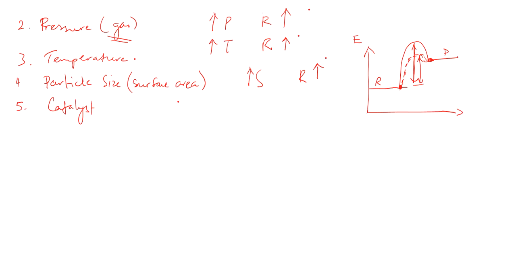What you need to know as well is, let me show you something. Let's say we have a reaction A plus B producing C, right? And we are monitoring the amount of C being produced.